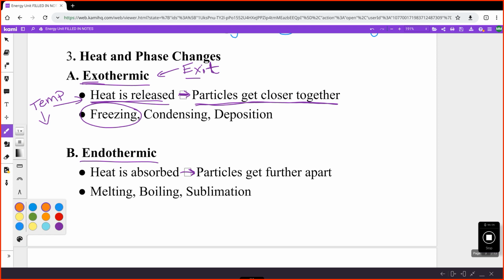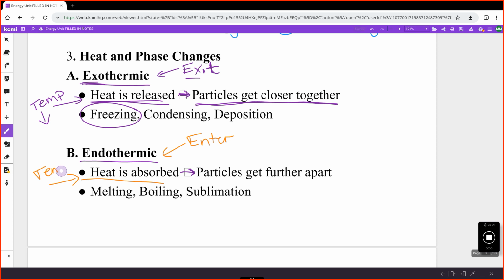And for endothermic, again, English, endo, enter, they're very similar. Well, what happens when heat goes into things? Well, when heat goes in, temperature typically goes up, right? The temperature rises. Particles have more kinetic energy. They move faster.